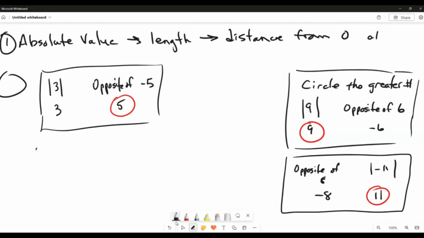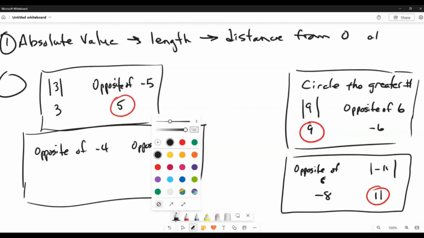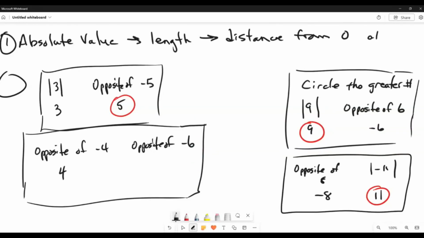How about opposite of -4 and opposite of -6? Which one of those is the largest? The opposite of -4 would be +4. The opposite of -6 would be +6. So yes, this one is the largest.